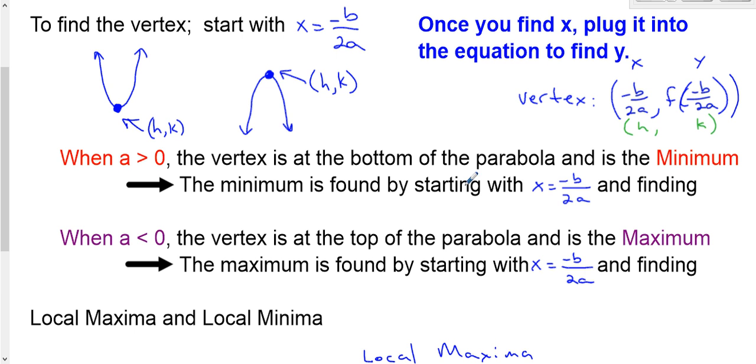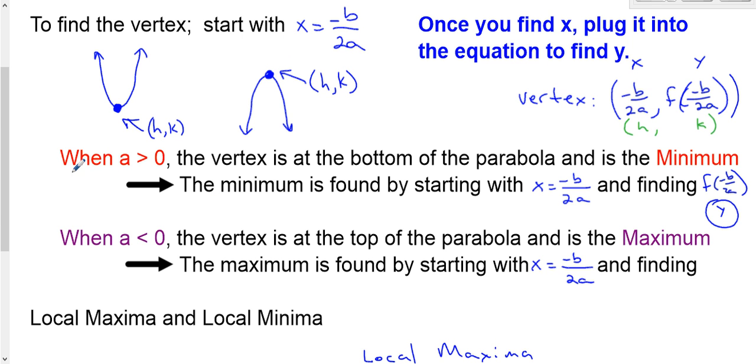The minimum is found by starting with x equals negative b over 2a and finding f of negative b over 2a. The y value is considered the minimum, or actually the maximum, depending on the graph. But you have to understand that you start with the value of x so that you can find the y. So really, once you find the vertex, you already know the minimum or maximum value.